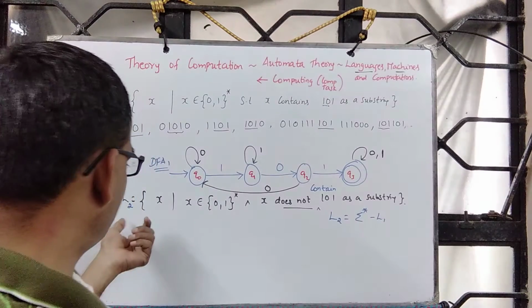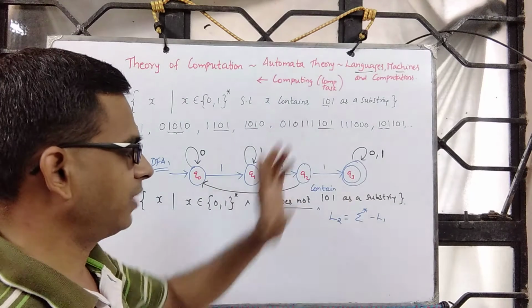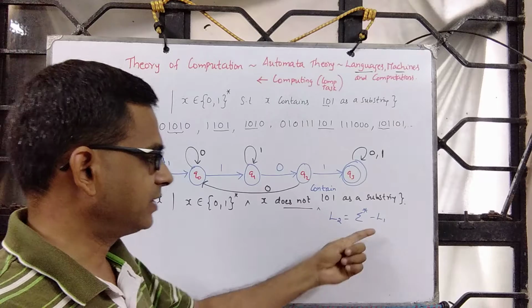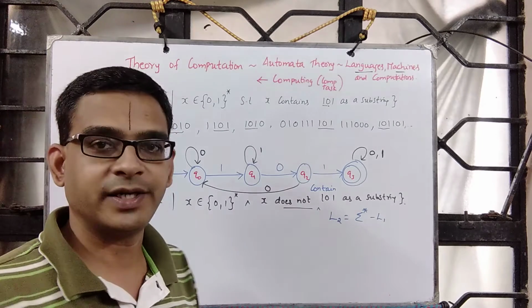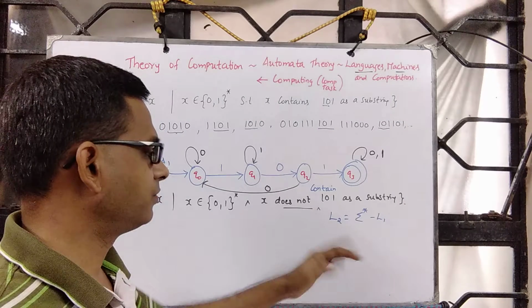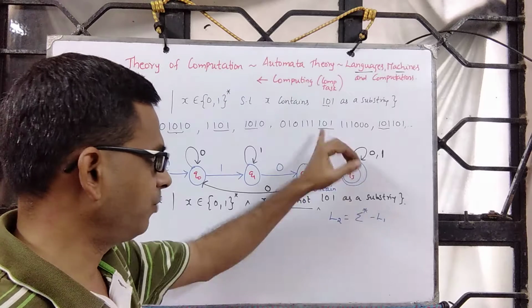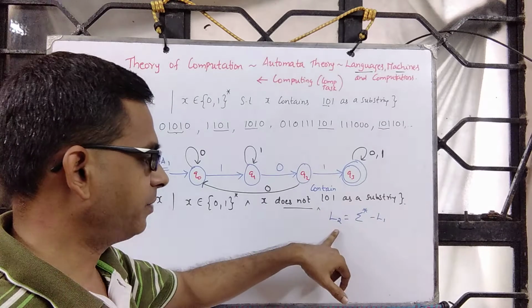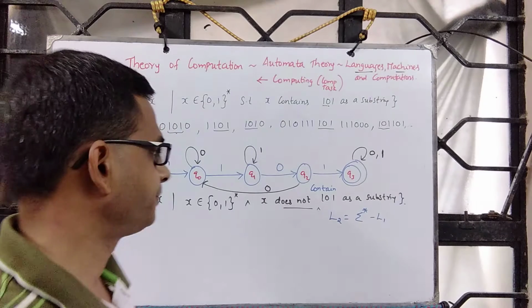So which means, what is L2? L2 is precisely sigma star minus L1. Strings that are rejected by the automaton are an element of sigma star minus L1, which is also an element of L2. So rejected by the machine M1 and accepted by the machine M2 are part of L2.